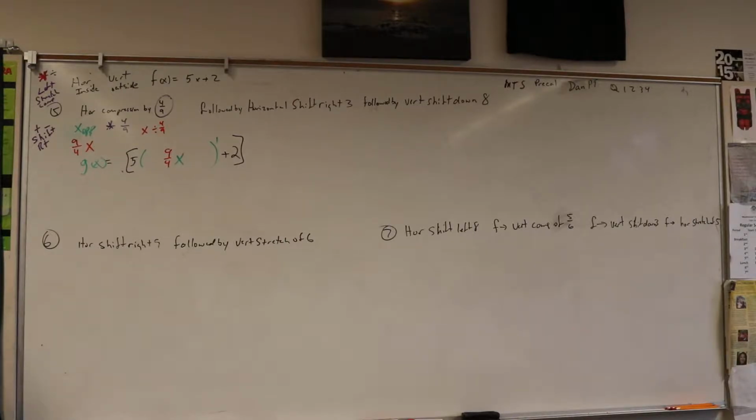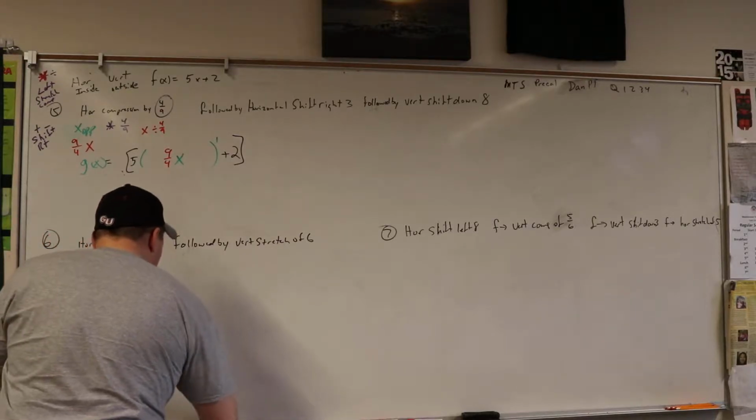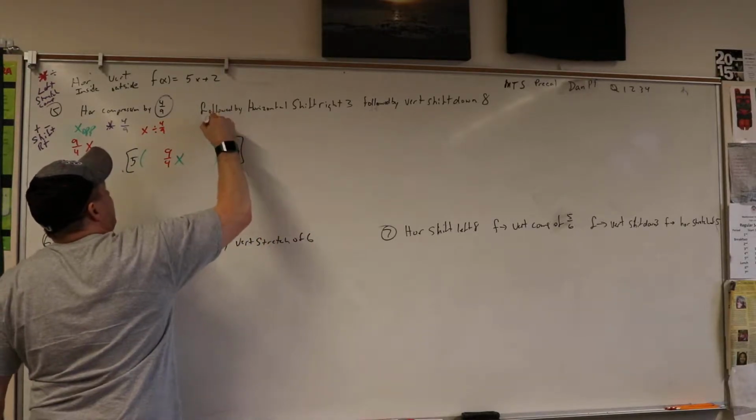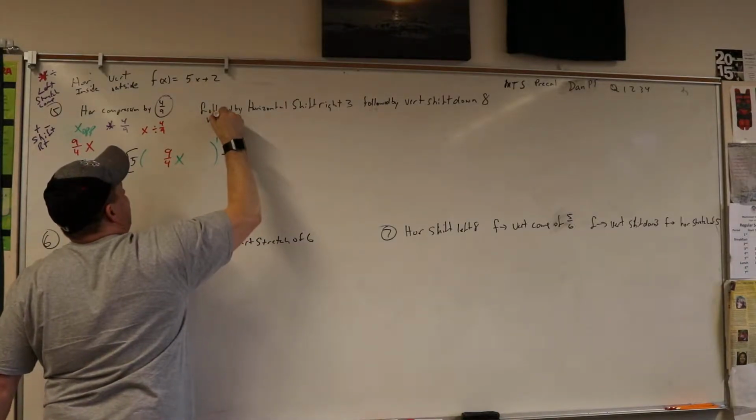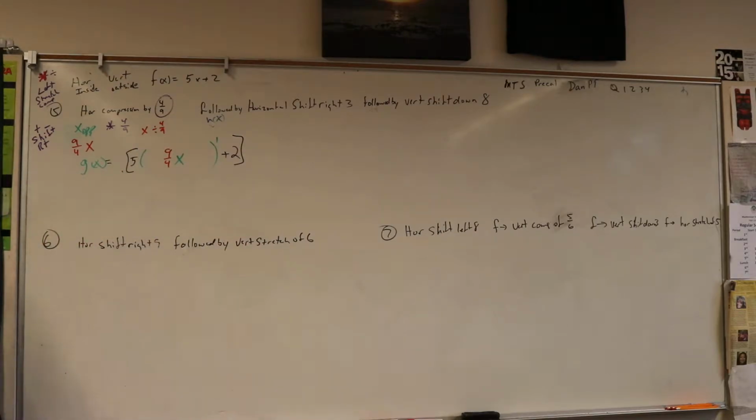Alright. Now it's followed by. Followed by. What does that mean? Followed by means we start another one. So it was g of x, now it's h of x, right?